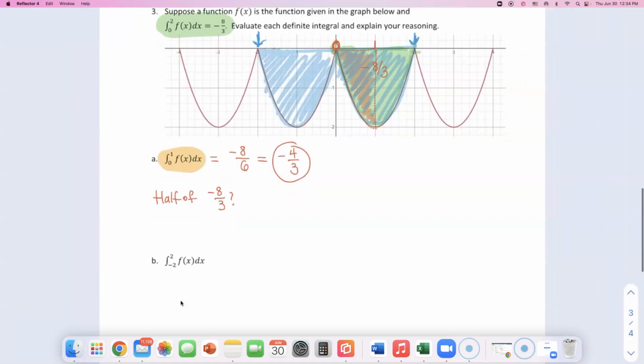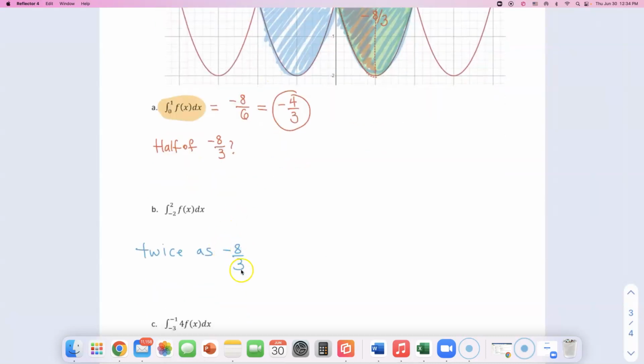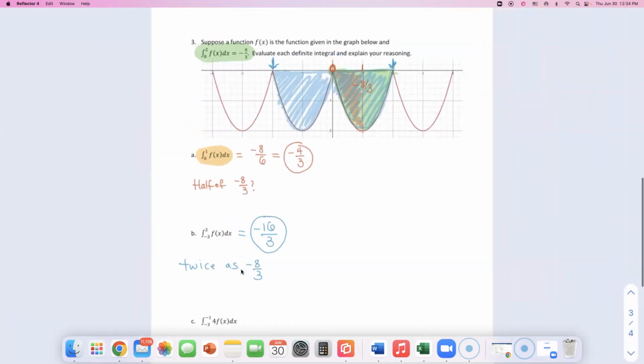So this time it's going to be twice negative 8 over 3, because from negative 2 to positive 2, we have 2 of that same picture. What is 2 times negative 8 over 3? That is negative 16 over 3. I don't think that can be simplified, so that will be my final answer. This one is a definite integral problem, but we're doing this using geometry, thinking of it as the area under the curve.